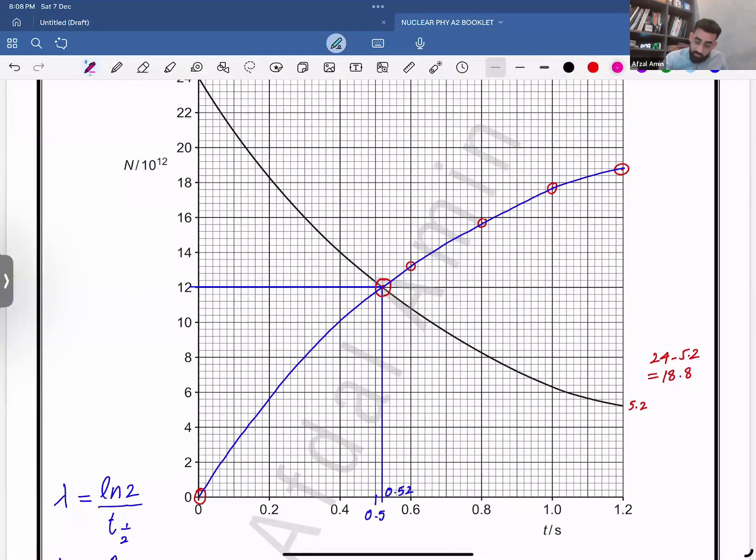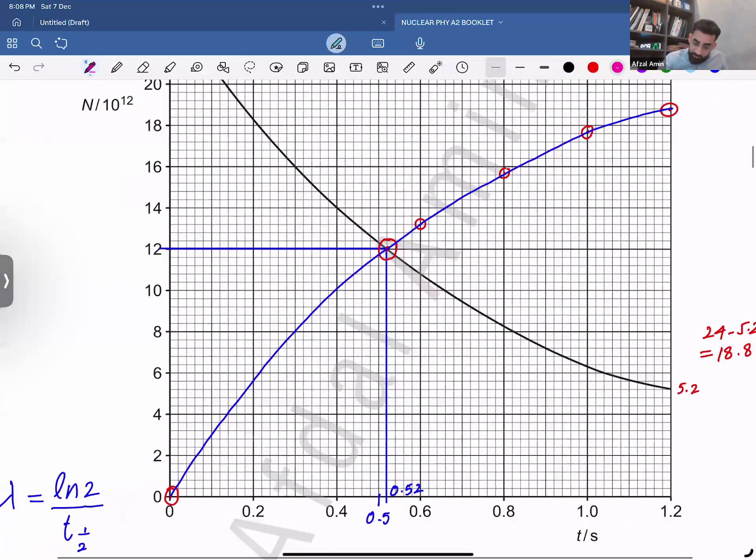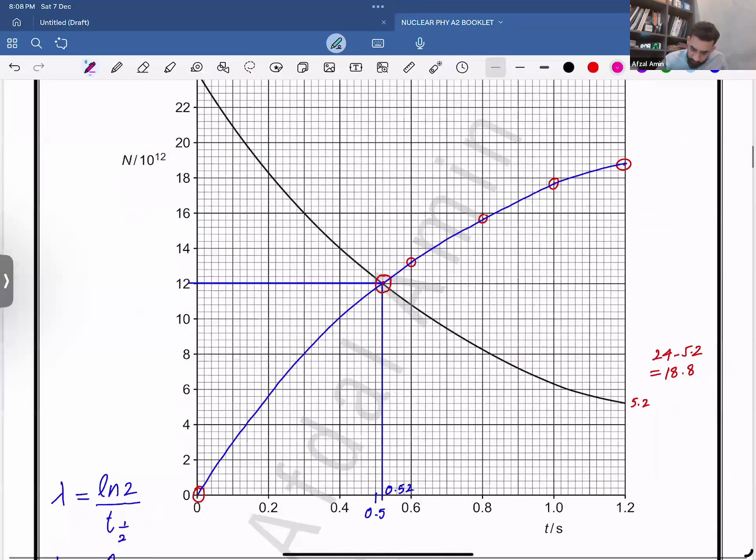So let's go. 3 seconds, they said. We need to know how many nuclei decayed, because each nucleus gives you 1 alpha.